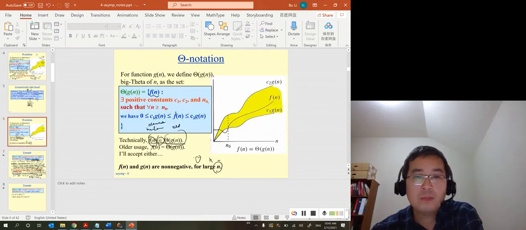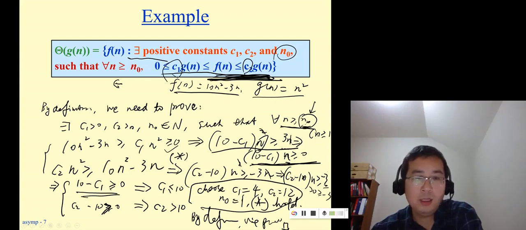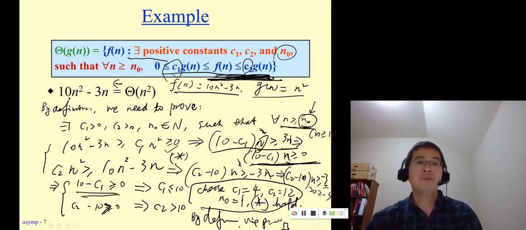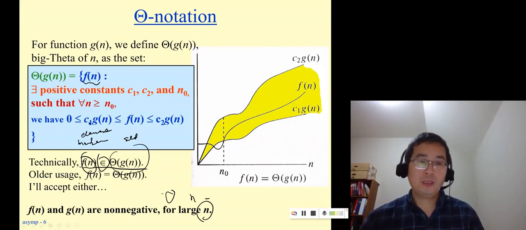C1, C2. C1 is the lower bound, C2 is the upper bound. We said that the complexity is dominated by the highest order. So for 10n squared minus 3n, the highest order coefficient is 10. So you don't need to care about other things; you just consider this one. And for the lower bound, you need to make it a little bit smaller. Right? C1 is smaller. You first fix C1, and similarly you fix C2.